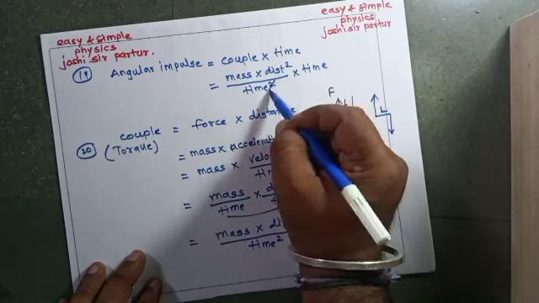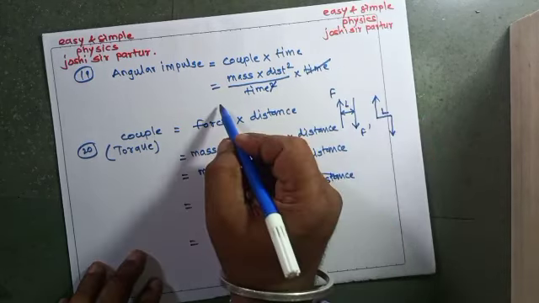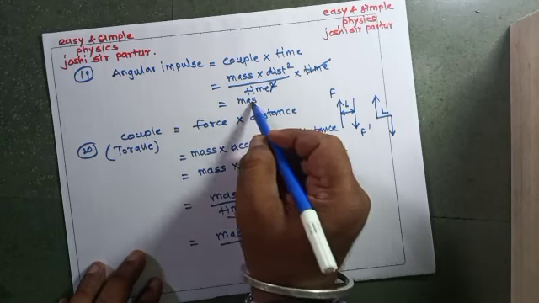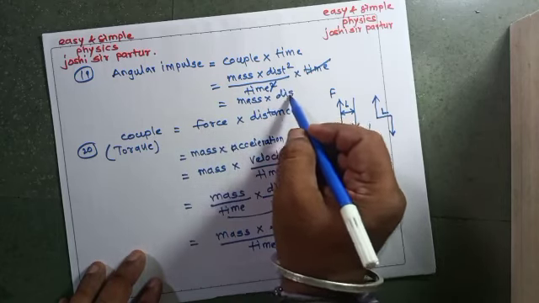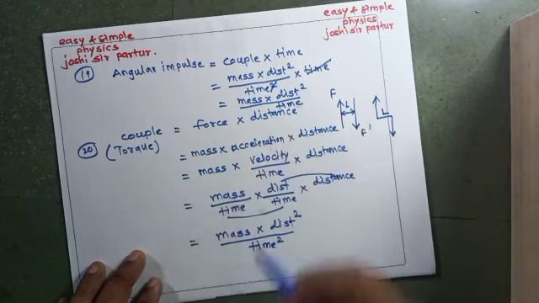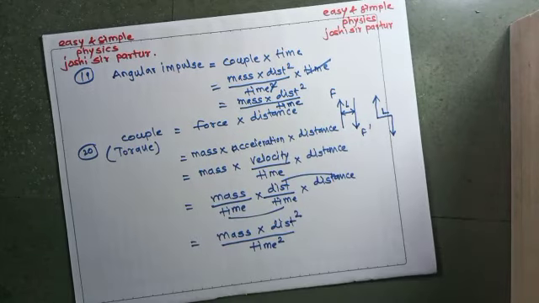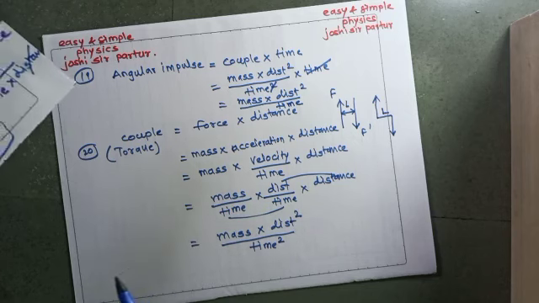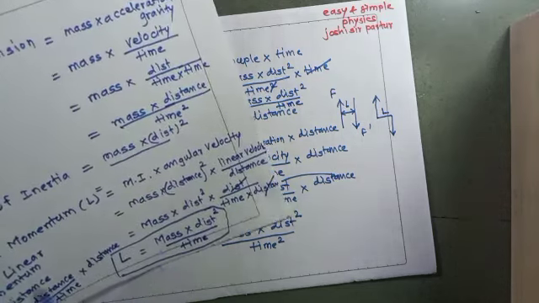Time gets cancelled. So mass multiplied by distance square upon time, which is similar to angular momentum.